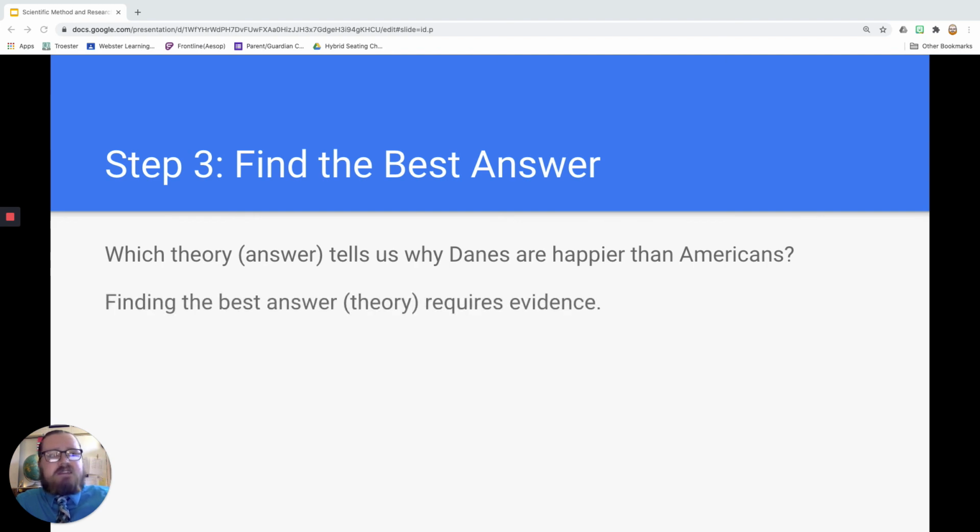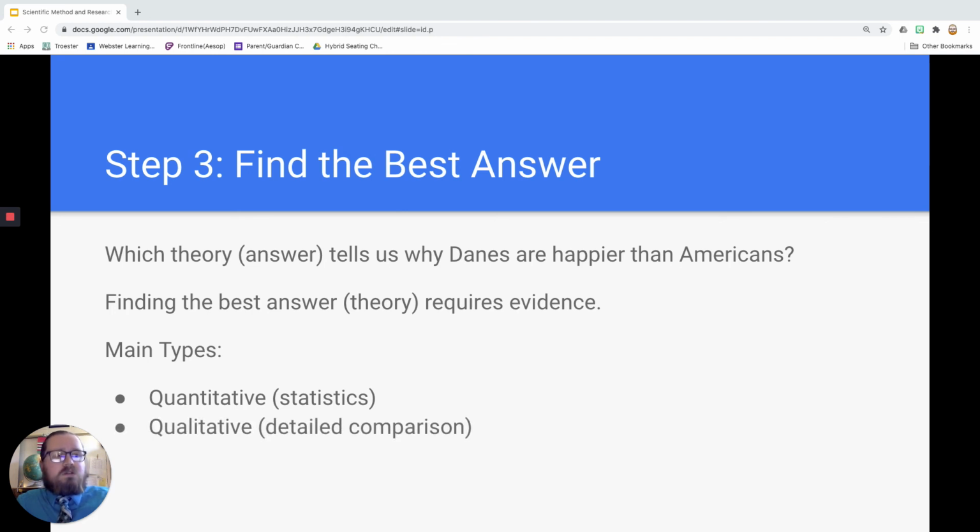Finding that best theory, that best answer, requires evidence. Remember, we want empirical evidence, we want observations from the real world, we want data. And there are 3 types of evidence that we're going to look at. These are the 3 main types. First up is quantitative data. It's things we can count, statistics. The second is qualitative data. That can be things like detailed comparison.